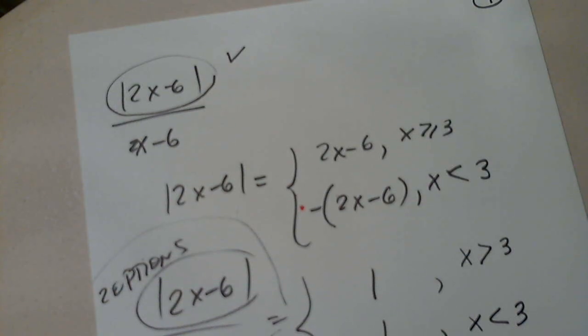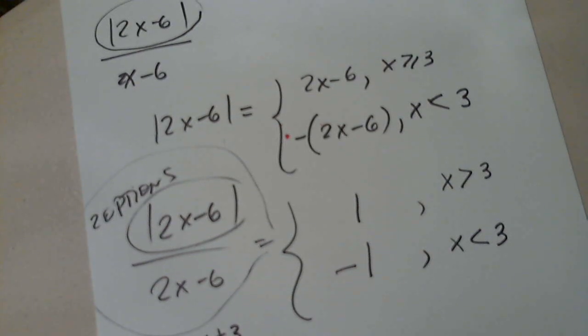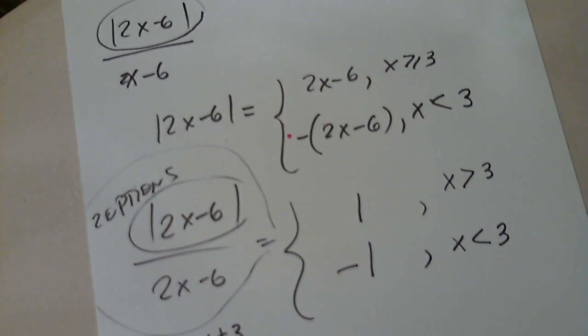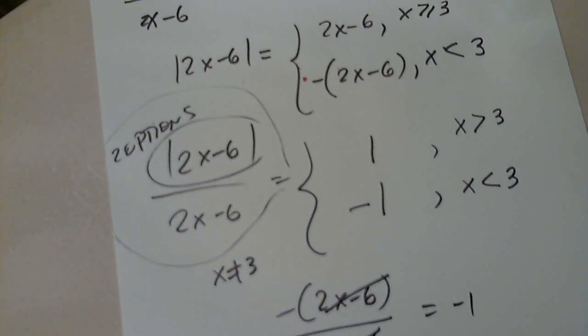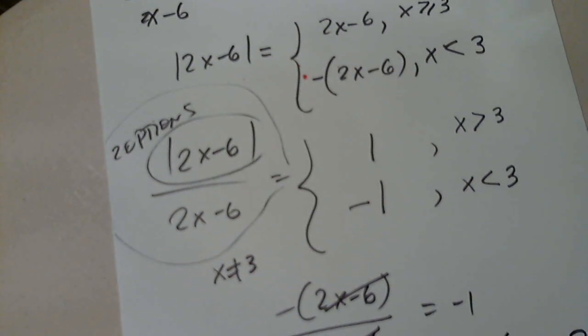The reason why I wanted it in this format is because it's much easier for everyone to see negative 2x plus 6 over 2x minus 6 versus negative 2x minus 6 over 2x minus 6. Very good question. Is that okay? Yeah. Perfect.